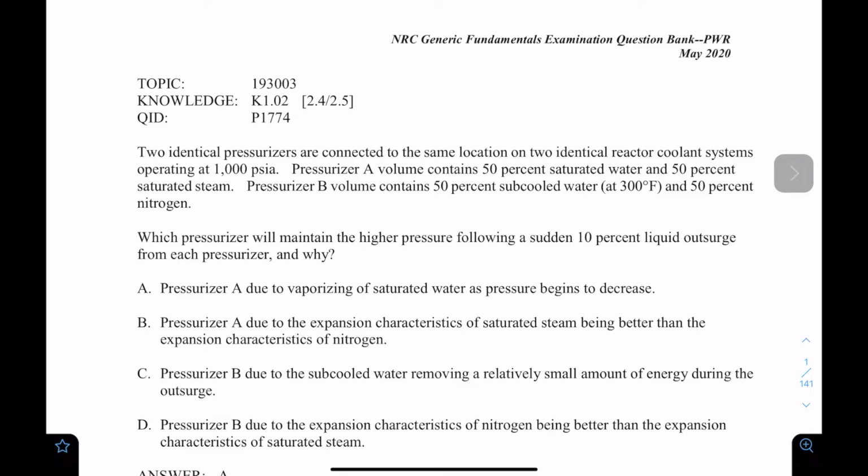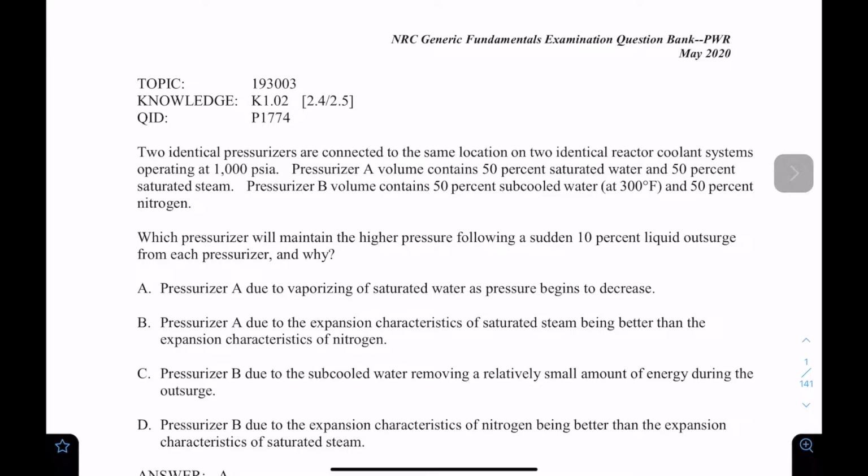So we have one saturated, one subcooled, so we are going to have these two types of pressurizers. But what the question is asking is which pressurizer will maintain the higher pressure following a sudden 10% liquid outsurge from each pressurizer and why.